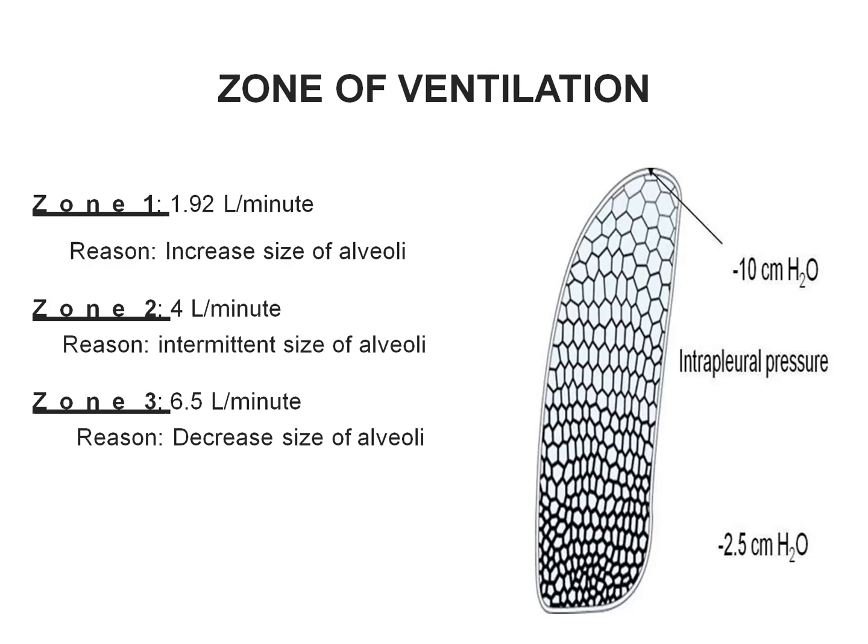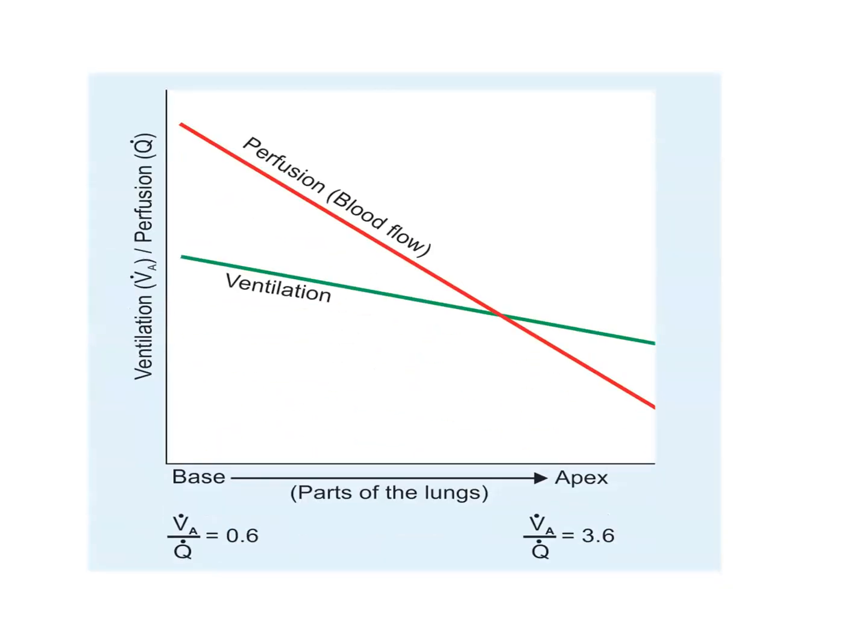So these are the zones of ventilation. In perfusion and in ventilation, due to the effect of gravity, there is an increase from apex to the base. So at the base, both perfusion and ventilation will be much more, and at the apex, less.